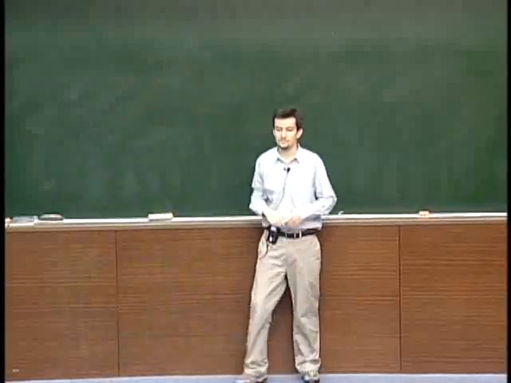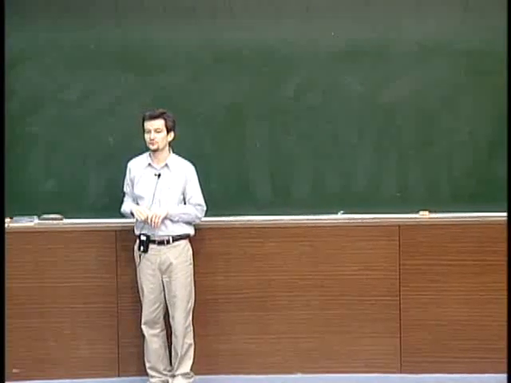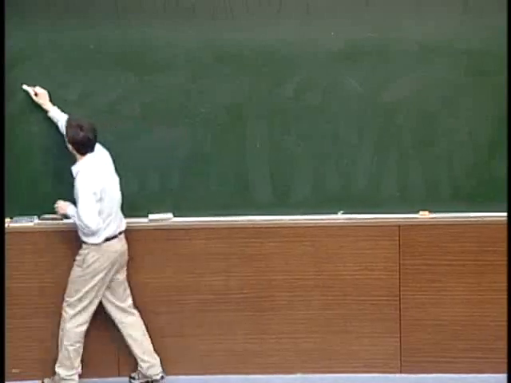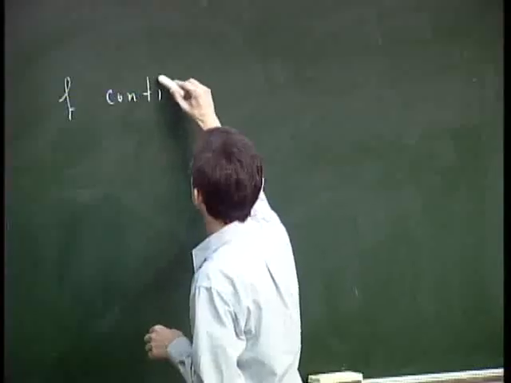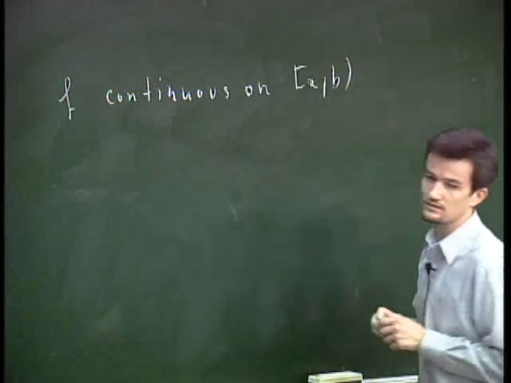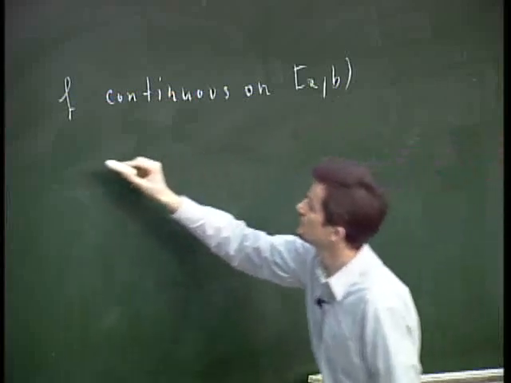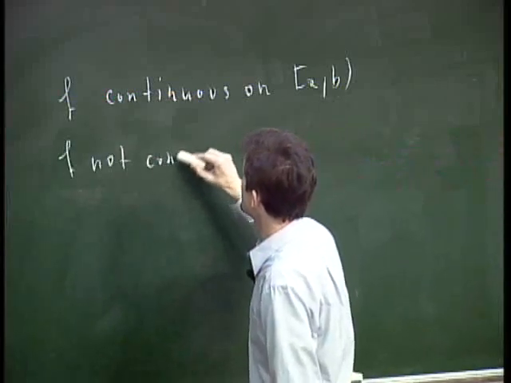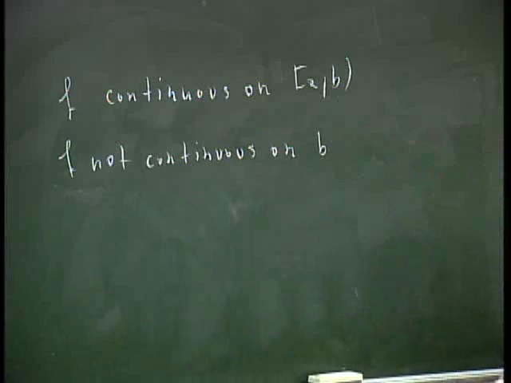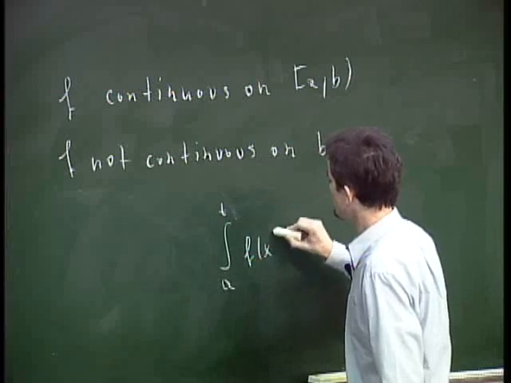Now, a type 2 integral is, in difference to this situation, we allow that the function is also discontinuous at one of the boundary points. So you have a function which is continuous on the half open interval [a, b), and not continuous at b, but still you can consider the integral from a to t of f(x) dx.